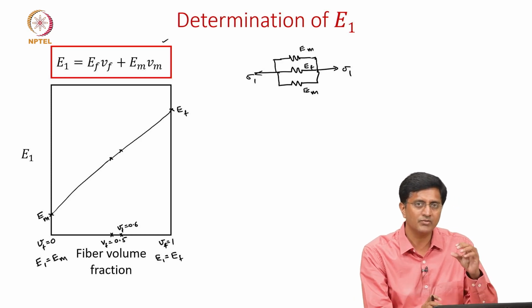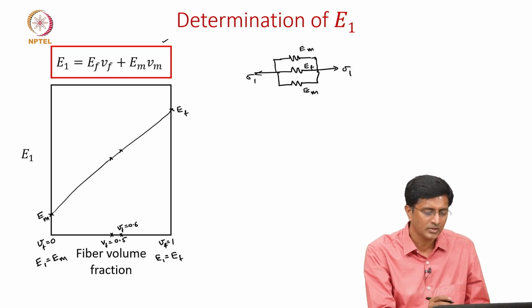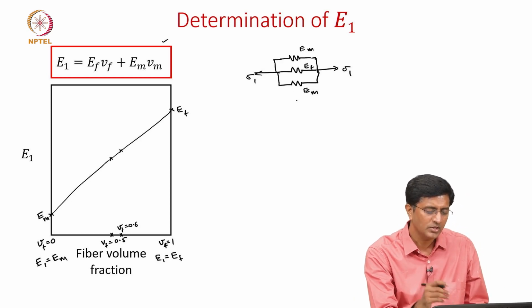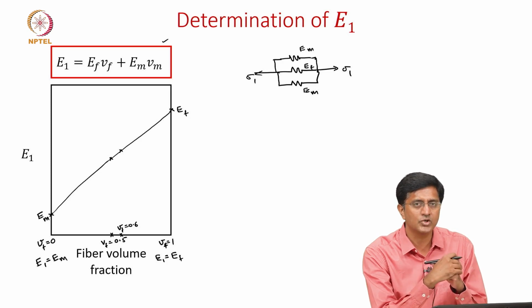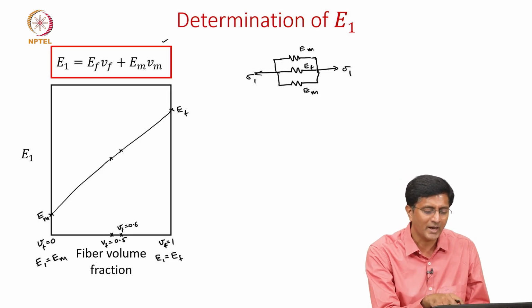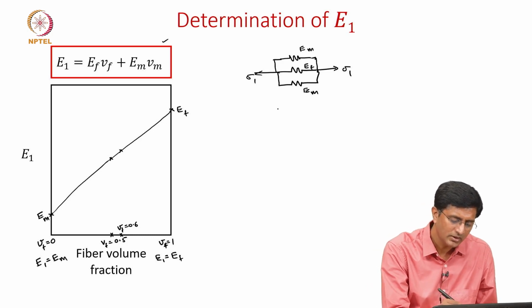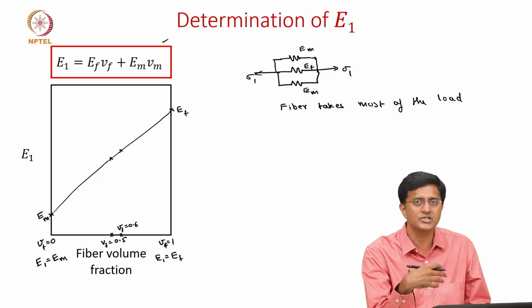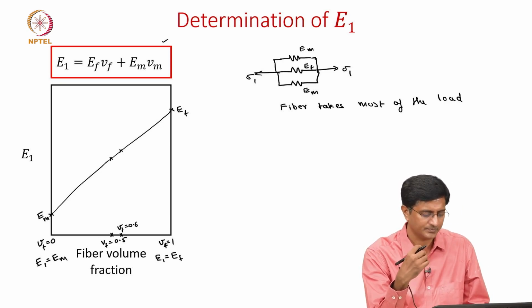So this is what happens when we have springs in parallel. But what is the insight we can get from this spring model is, upon loading, which of these takes most of the load? Does the matrix take most of the load or does the fiber take most of the load? We notice that the fiber takes most of the load, and this is because the fibers are much stiffer compared to the matrix material.